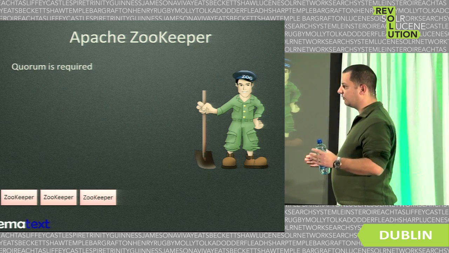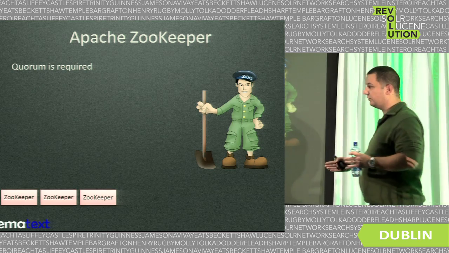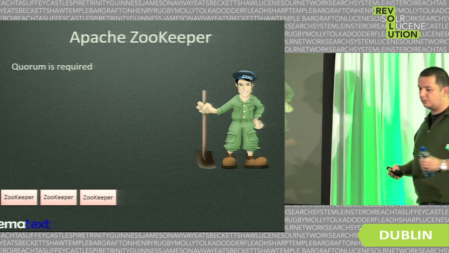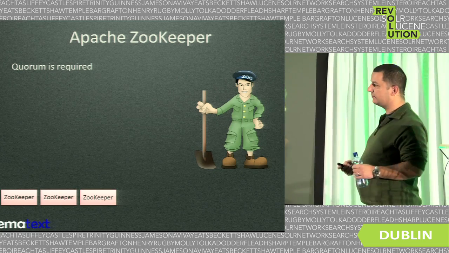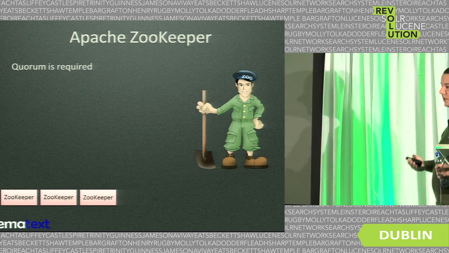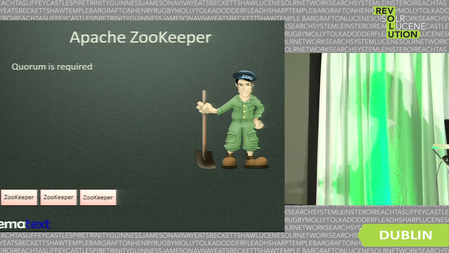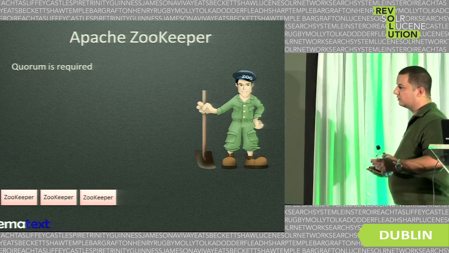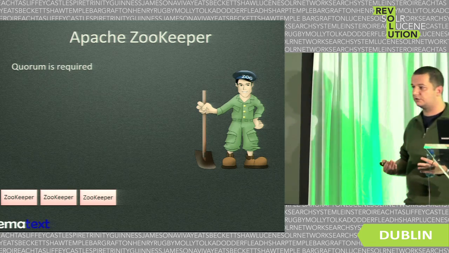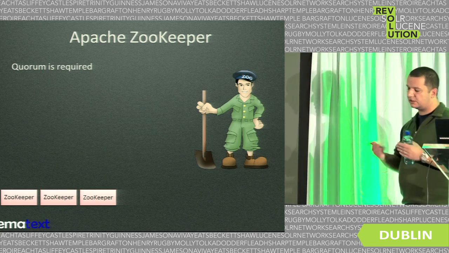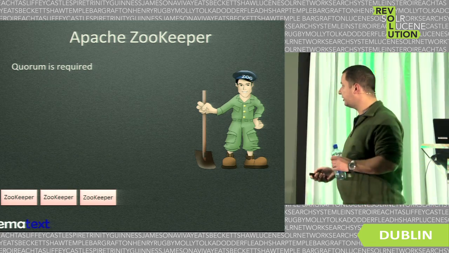The cluster of Zookeeper servers is called an ensemble. An ensemble is one or more Zookeeper servers. In order to have a quorum, you need at least 50% plus one of the Zookeeper servers available. Zookeeper needs a quorum to operate. So for example, if you have a single Zookeeper server and it fails, your cluster will stop receiving data, it will be rejected, and queries may not work.